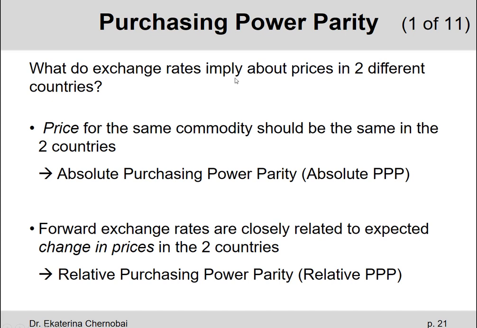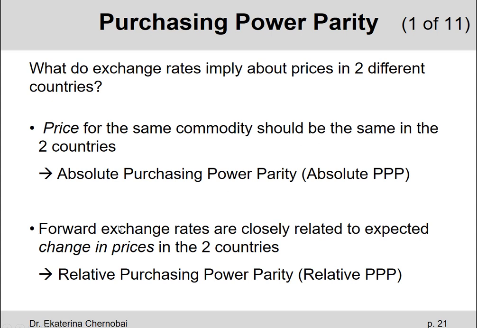What do exchange rates imply about prices in two different countries? First, the price for the same commodity should be the same in the two countries. This is the definition of the so-called absolute purchasing power parity, or absolute PPP. We will look at this first.